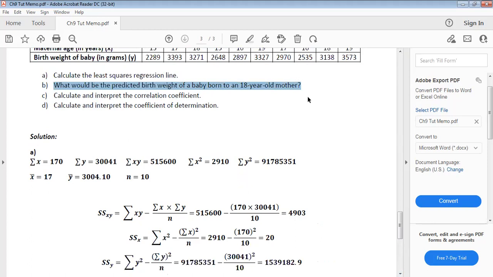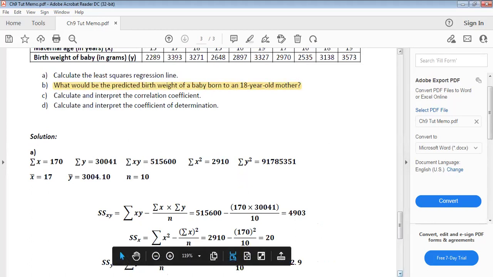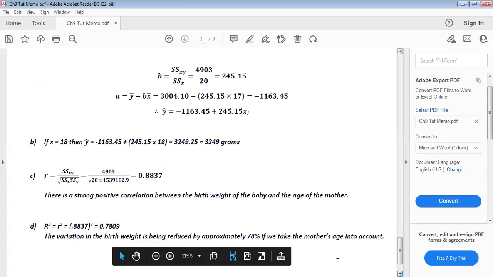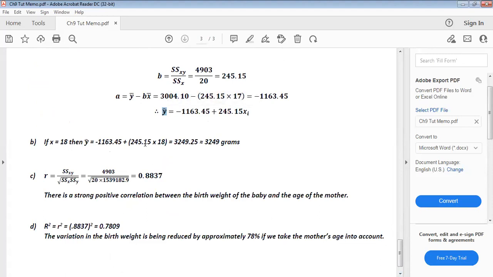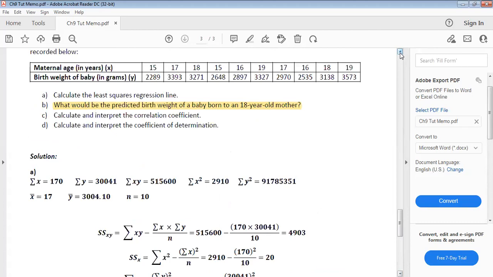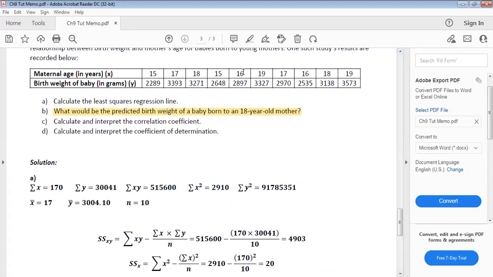Okay. So you just substitute in your equation. Sorry, they give you 18 as X, right? What would be the predicted birth weight of a baby born to an 18-year-old mother?